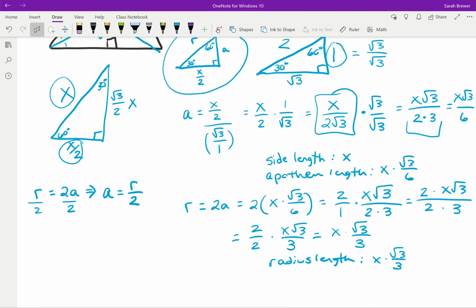And then my side length. Since my radius is equal to, and I'm going to unrationalize this, which is going to sound really silly because you grow up with your teachers always telling you to rationalize things, but I'm going to unrationalize it.